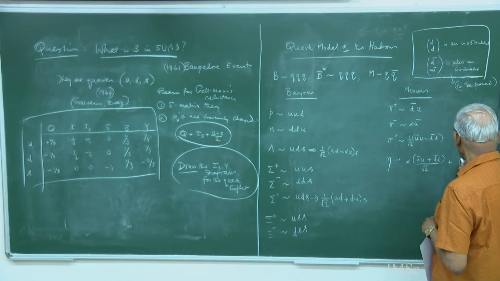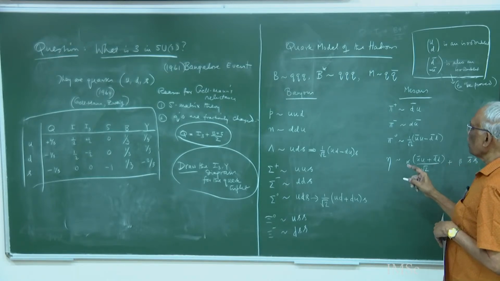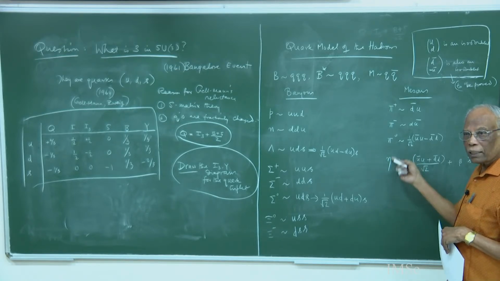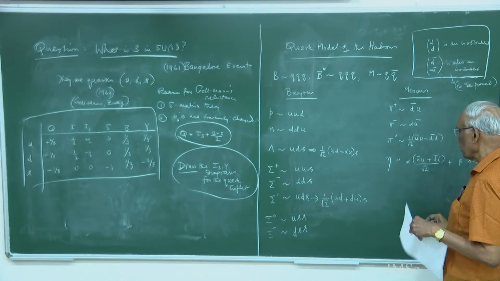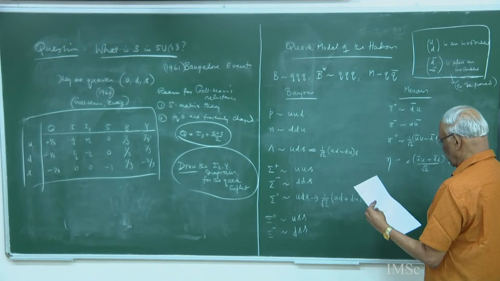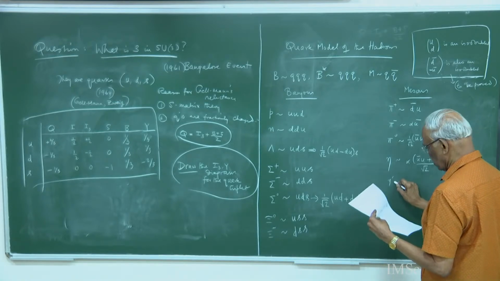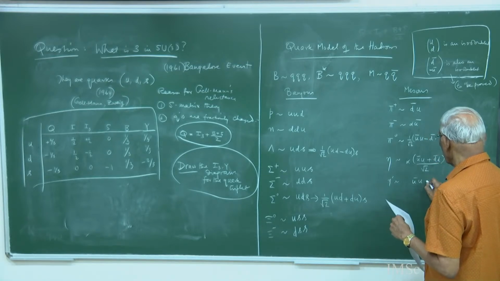So some alpha times u bar u plus d bar d, plus beta times s bar s, alpha and beta will be determined. Remember, in SU3 this is a member of an octet. There is also an SU3 singlet, which I have not talked about, that is called eta prime. And since it is a singlet, everything comes with equal coefficients.